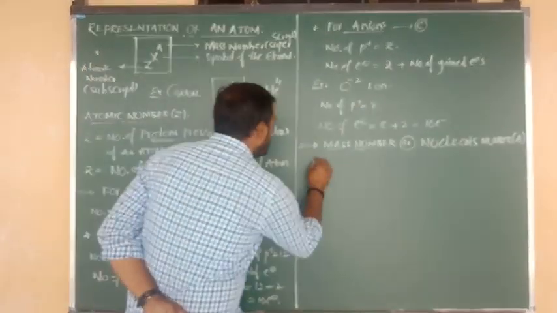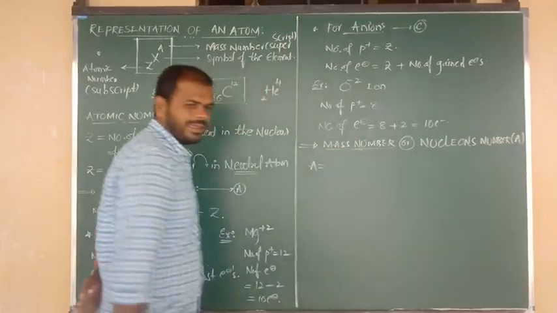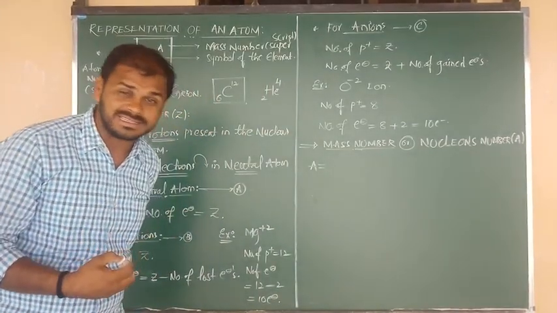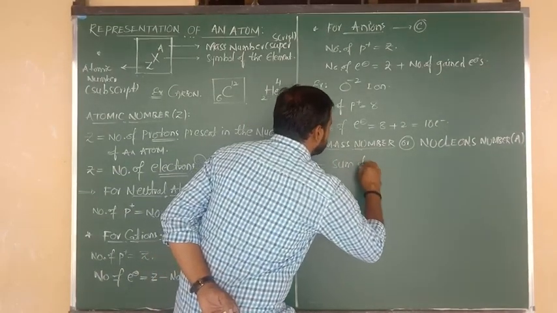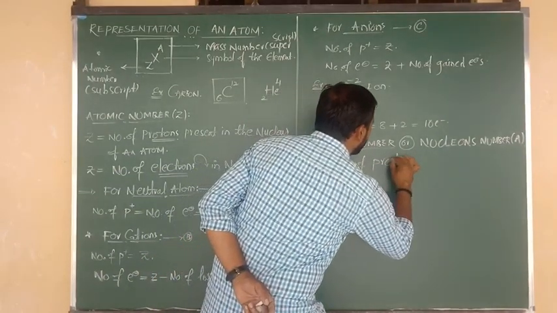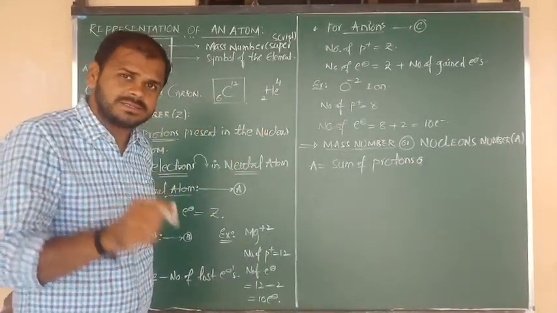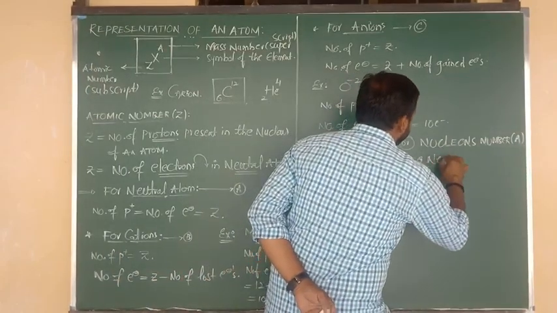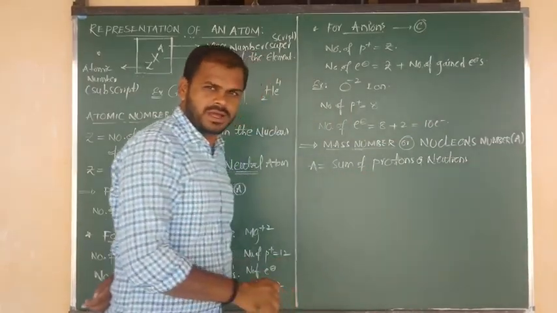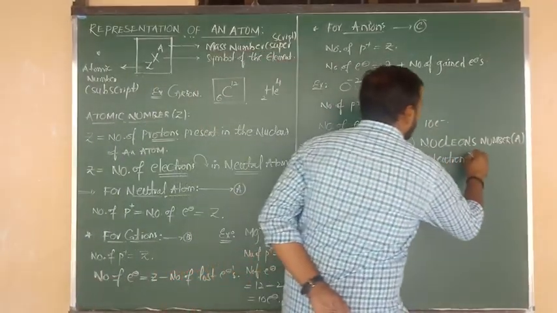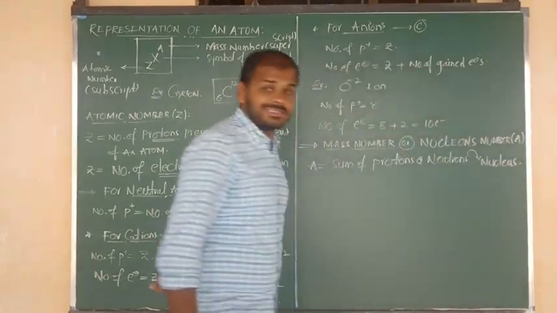The symbol is A, and the definition is: mass number is the sum of protons and neutrons which are present in the nucleus of an atom.